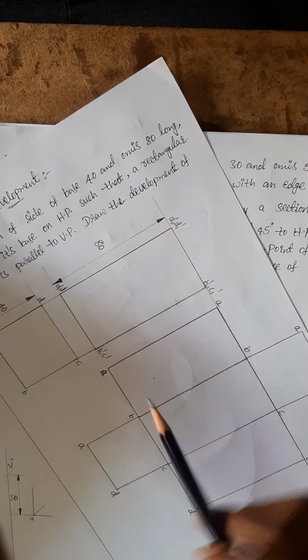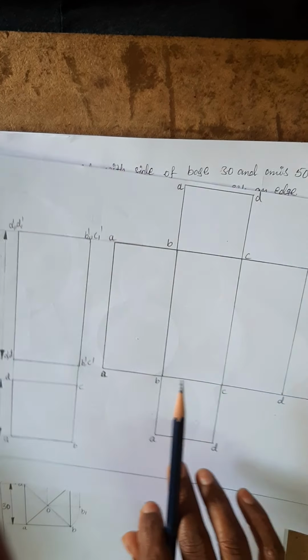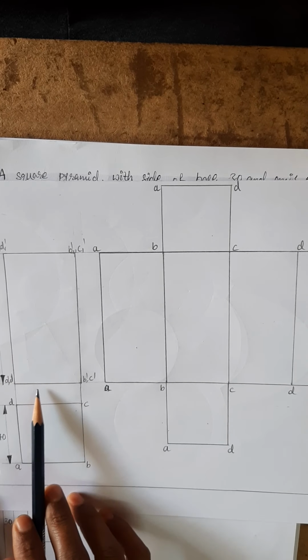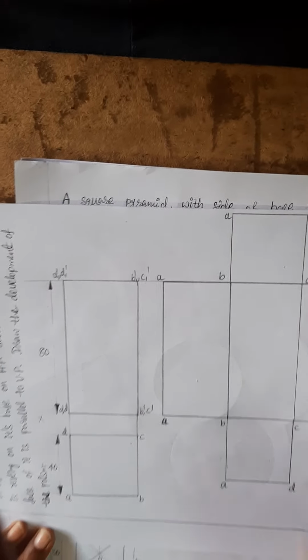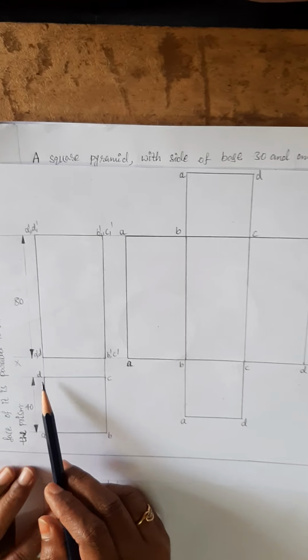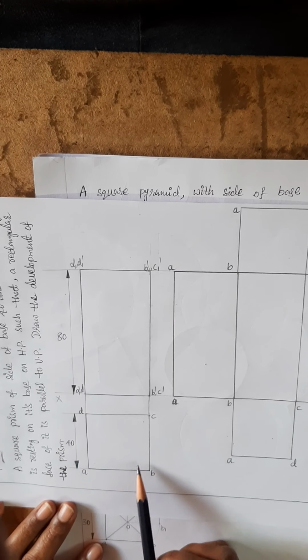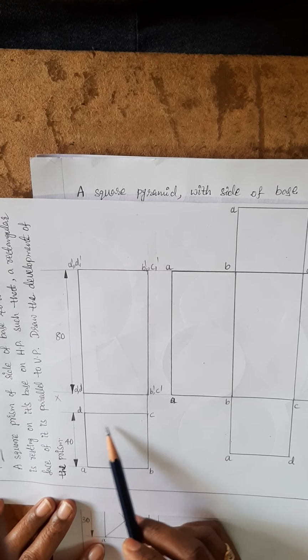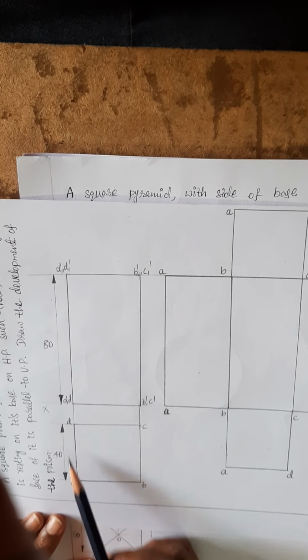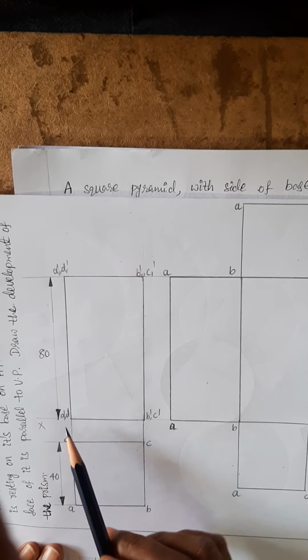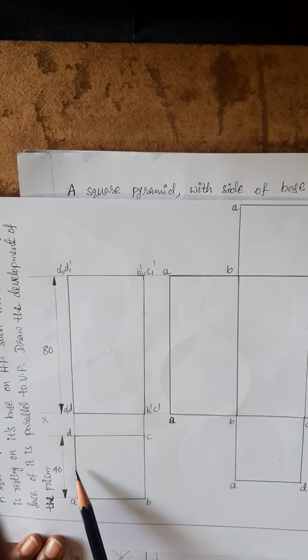First, draw a reference line, the XY line. First draw the front and top view of the square prism. The square prism side is 40 mm and axis height is 80 mm.